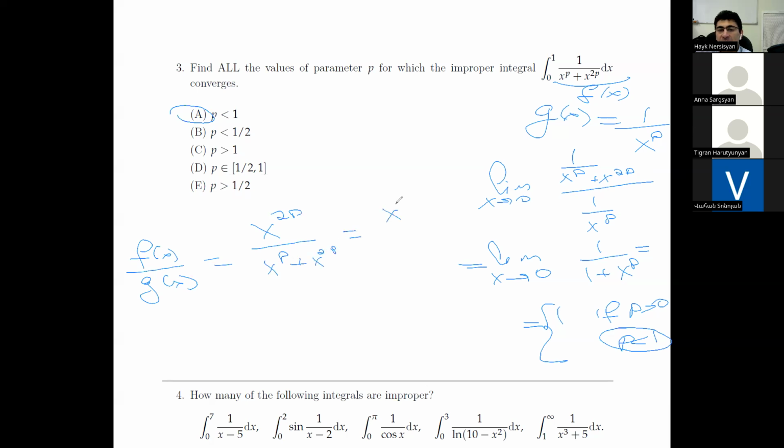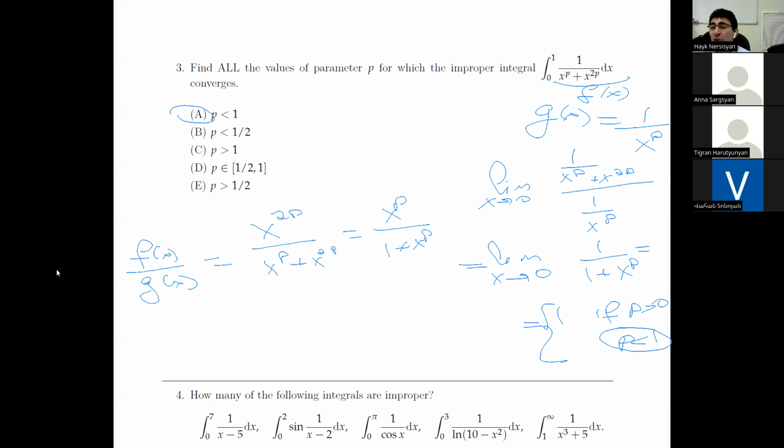And after dividing by x^p, we will get 1 plus x^p. And when x goes to 0, p being positive here, the limit will be 0. And we can't, in this case, apply the limit comparison test. So just LCT implies that the convergence here holds as p is less than 1.